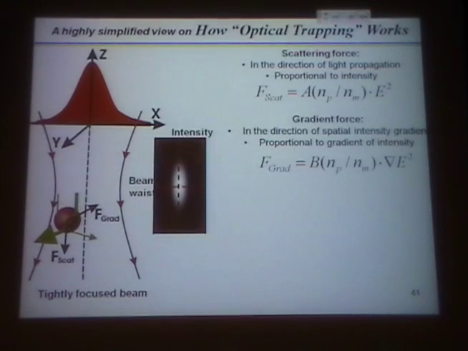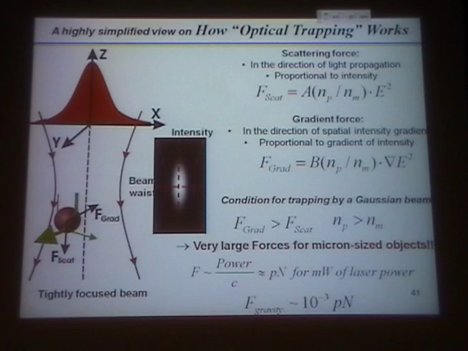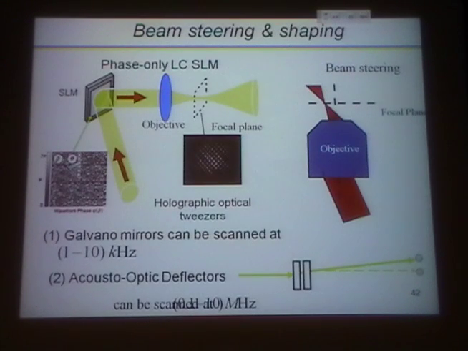In the process of laser trapping, it's important to have strong enough gradient forces so that colloids or other inclusions can be entrapped in the focal point of the tightly focused laser light, and then we can manipulate those particles or other inclusions.